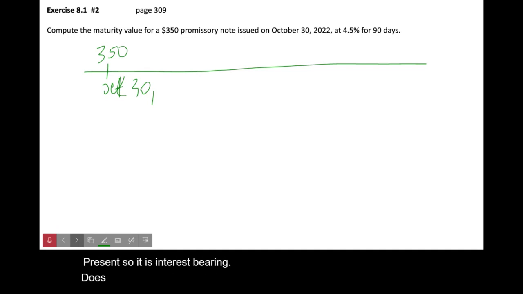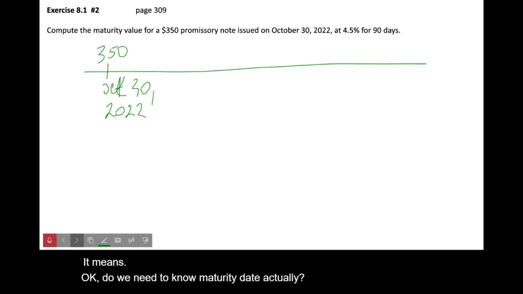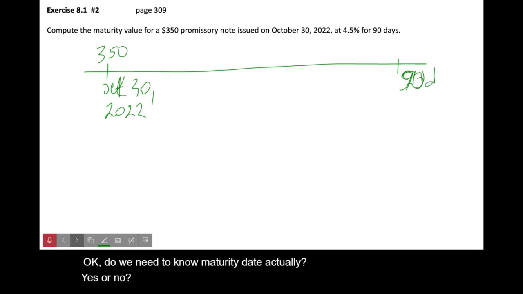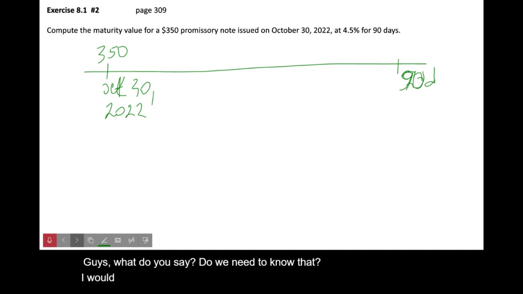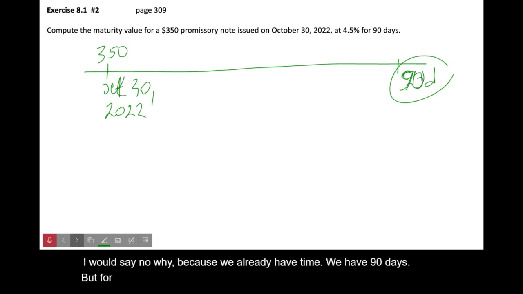That's present value, right? Okay, do we need to know the maturity date actually? Yes or no? Guys, what do you say? Well, I would say no. Why? Because we already have the time. We have 90 days. But for the sake of practice, let's find it.